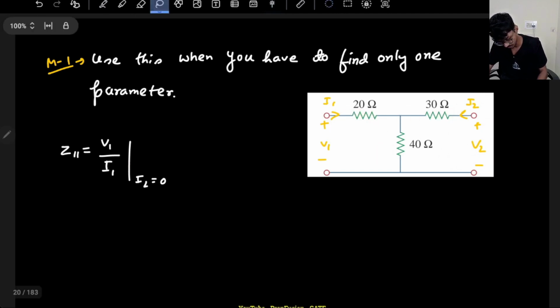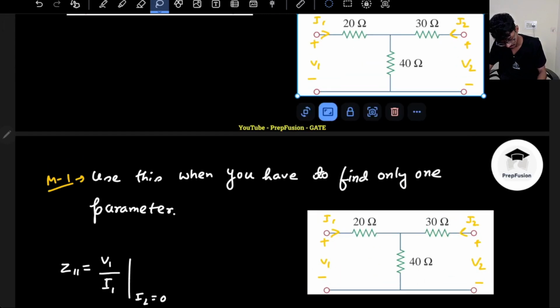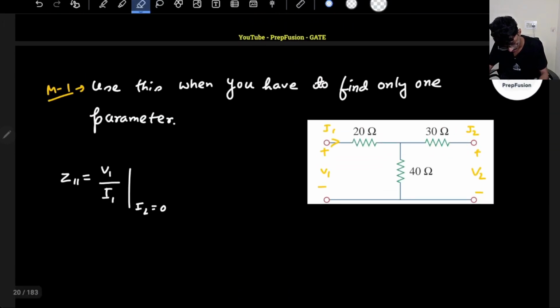So I will first copy this circuit here. This is the normal standard circuit, and I will redraw it. Here I2 will be 0, so the same current I1 will flow through here.